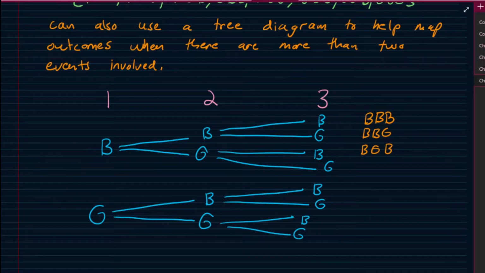Here we've got GBB, GBG, GGB, and GGG, which is a good way to list outcomes when there's more than two events happening in a question.